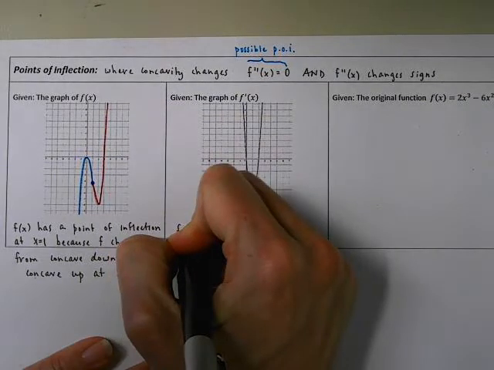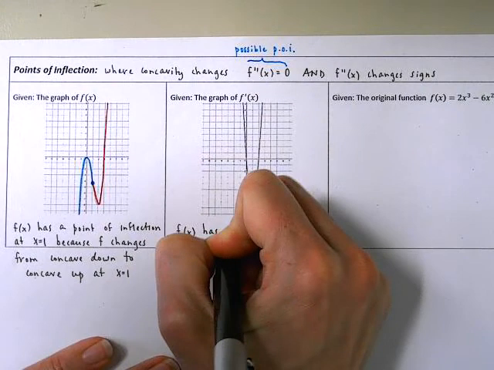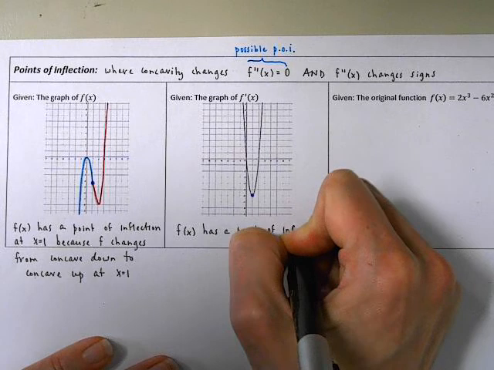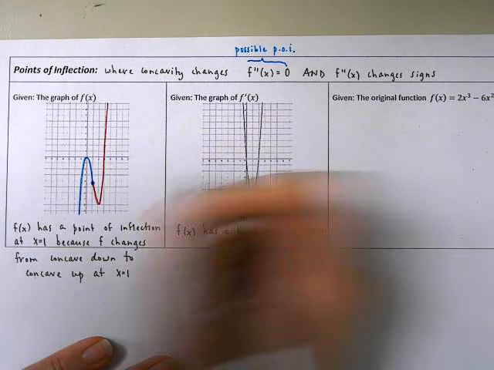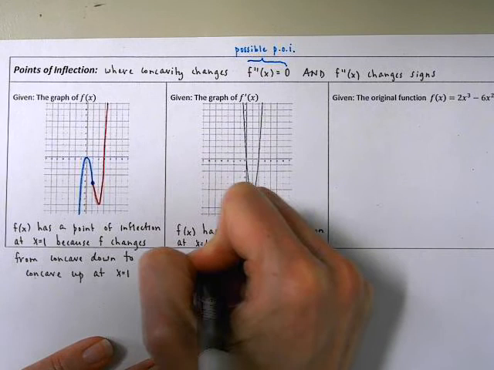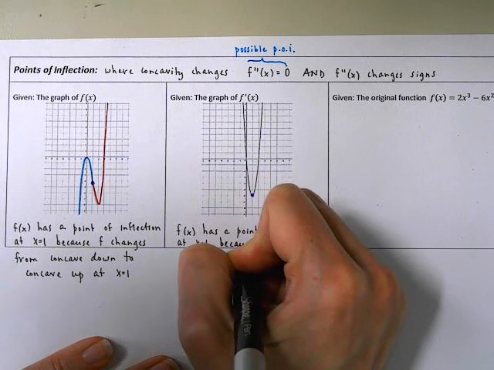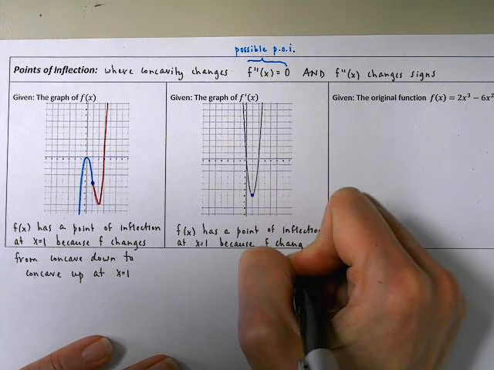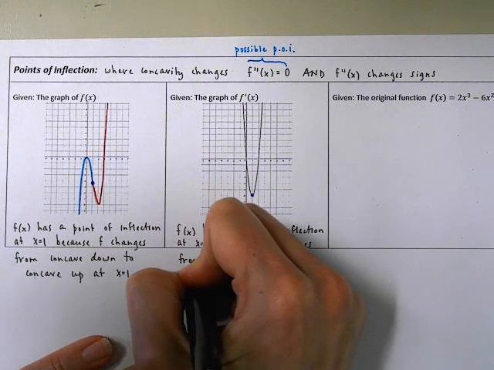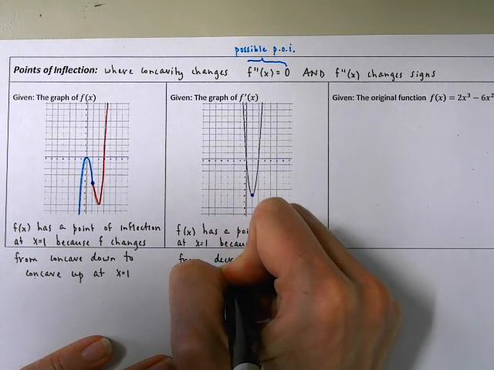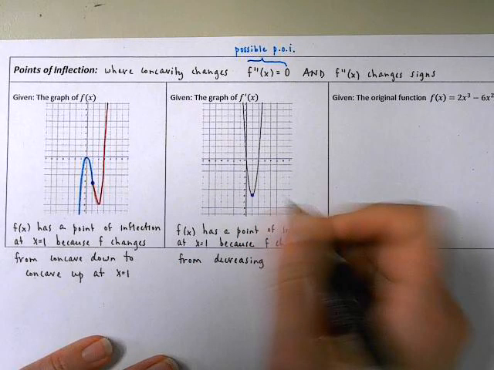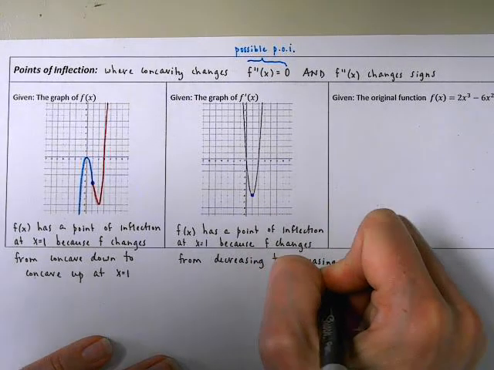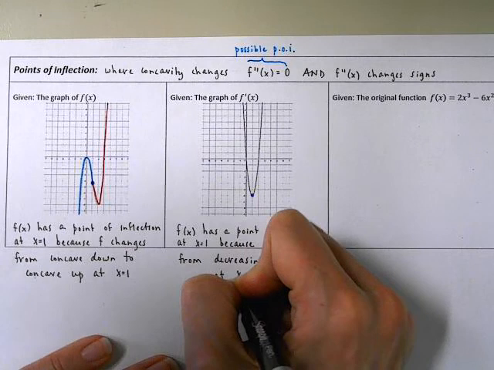So here we would say f of x has a point of inflection at x equals 1 because f changes from decreasing to increasing at x equals 1.